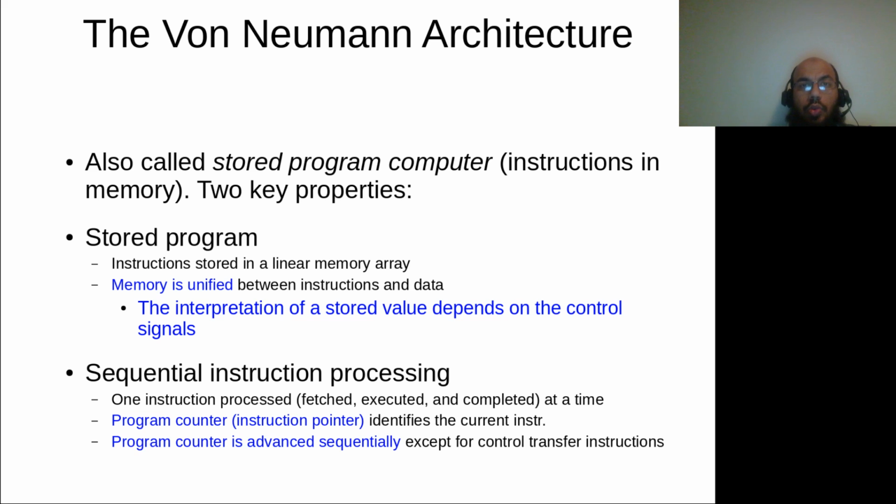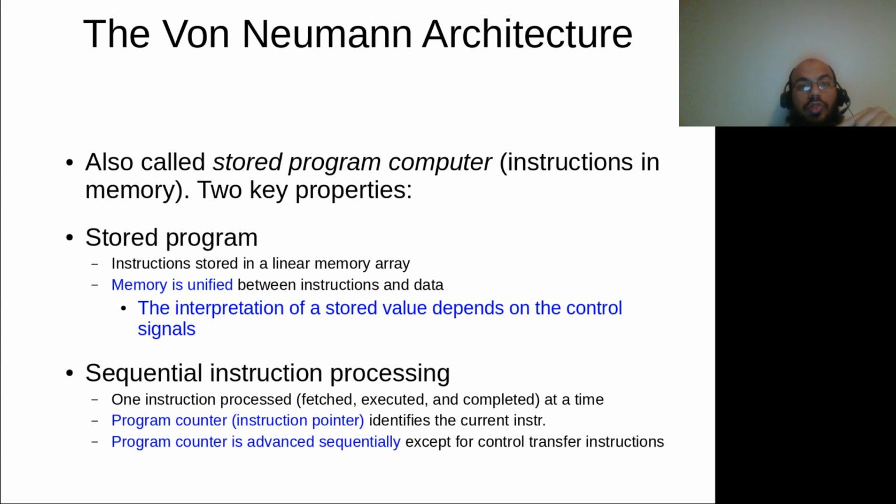And one of the key premises is that you have one instruction processed at any time unit. So you take instruction 1, then go to instruction 2, then instruction 3, then instruction 4, and so on. And you have a program counter, which is a register, and we'll talk about registers later, that points to where you are reading now, what instruction you are on now, and what data you should read now.